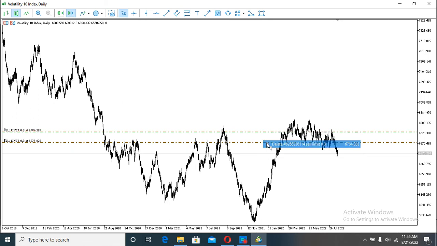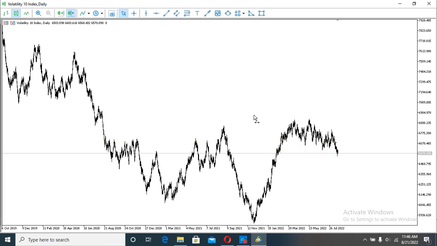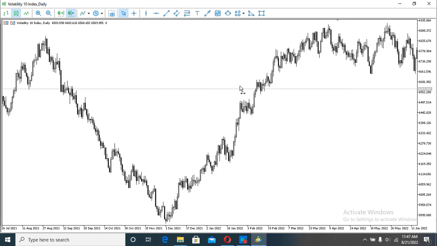All right, I'm taking this off. You can see the price changed its form right here. So it was consolidating. Why consolidating? It is selling downwards. So why selling downwards?